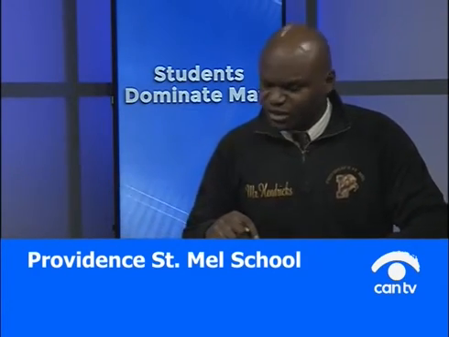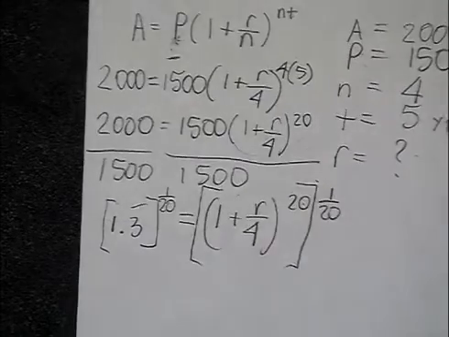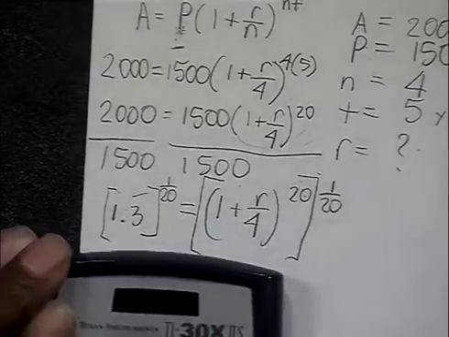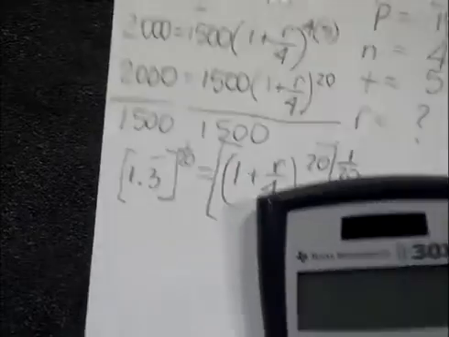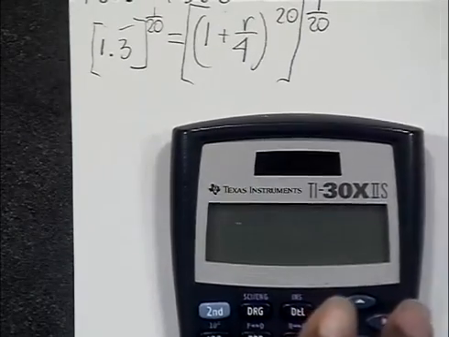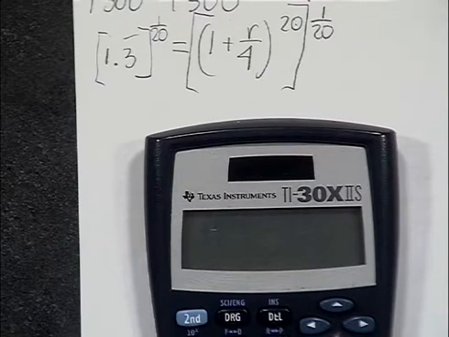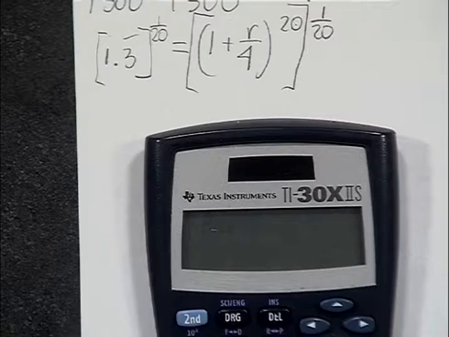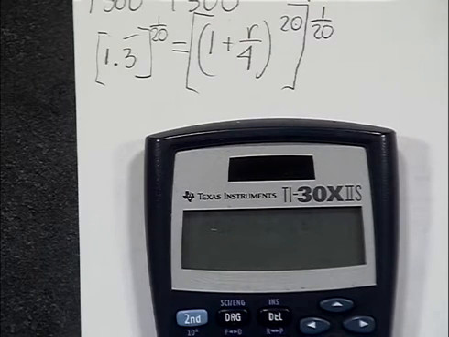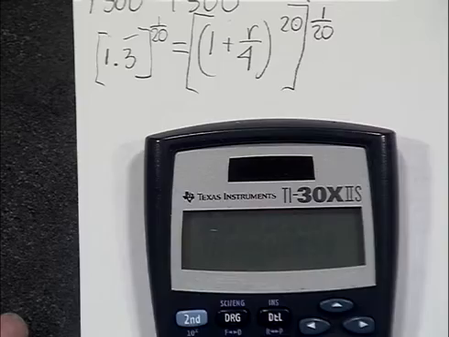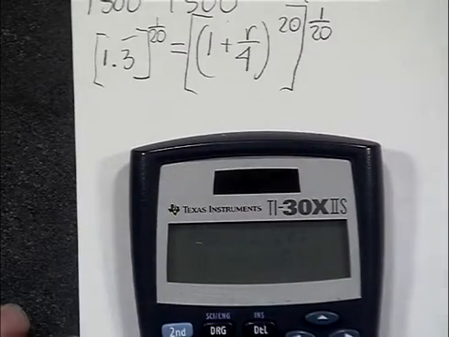All right, so let's finish this up. So now what we have is we have to take 1.3, raise it to the reciprocal. Let's do that here. So we're going to raise this to the 1/20th power, and you end up with 1.014.